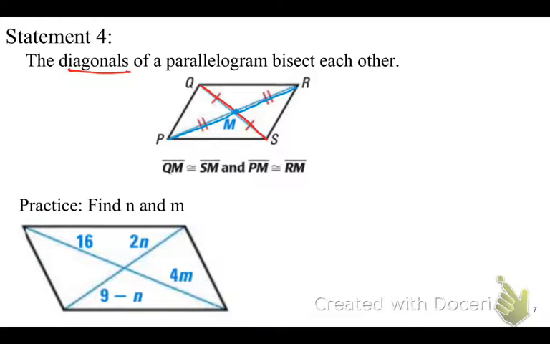Okay, so we have PM. PM is congruent to RM. Okay, and we know QM is congruent to SM.